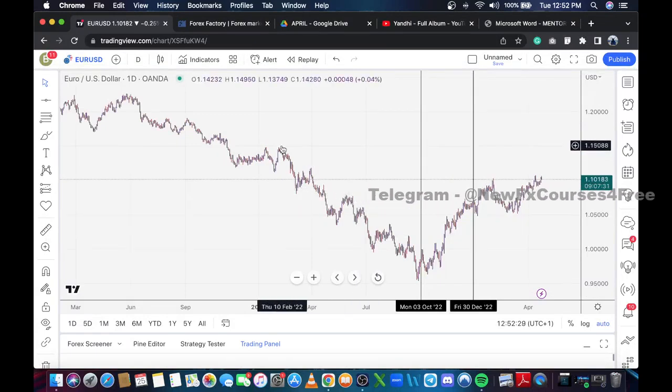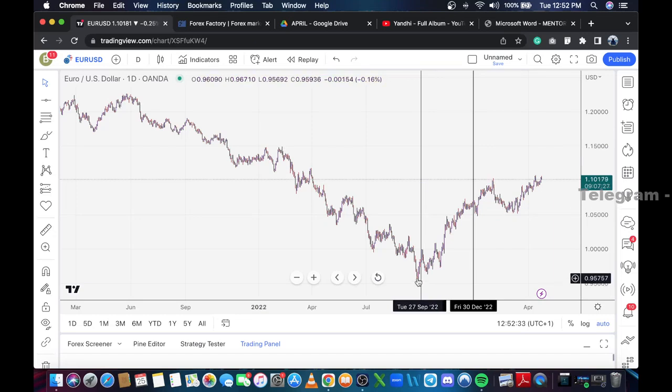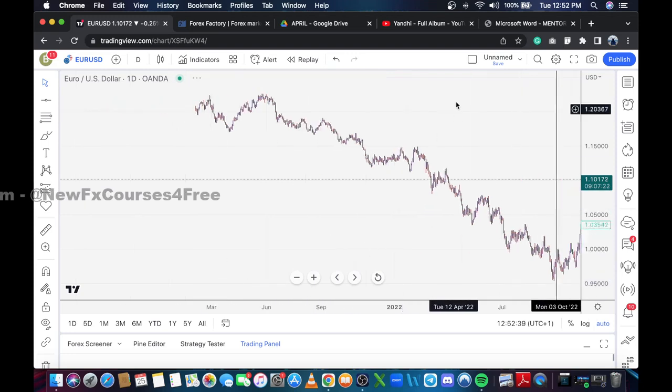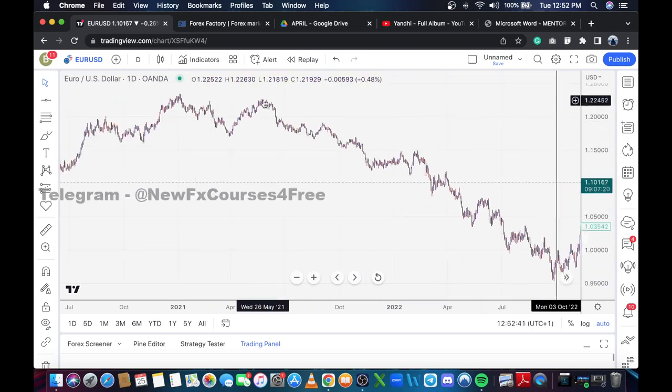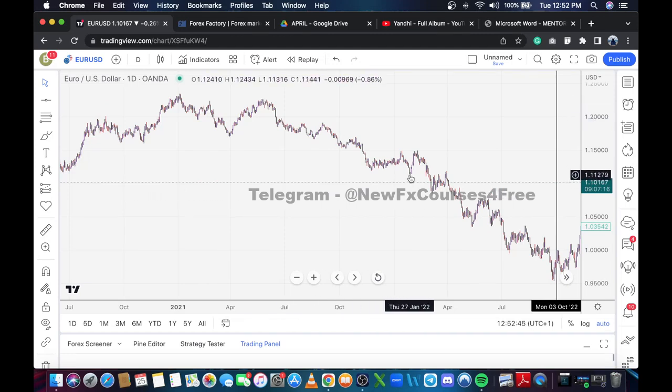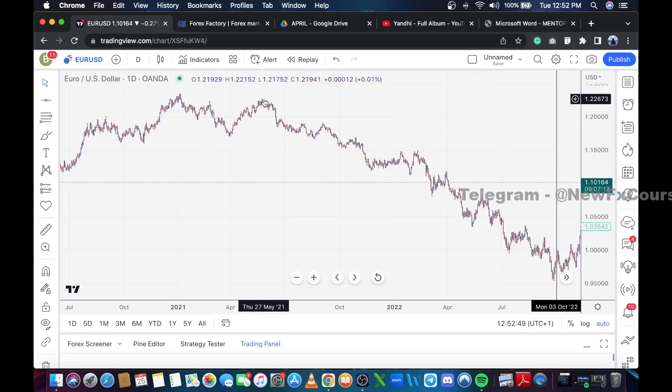So if you look from February 2022, we stayed bearish all the way down into the 27th of September. Okay, and prior to February 2022, you can see we also stayed there from May 21st of 2021 all the way down to January 2022.